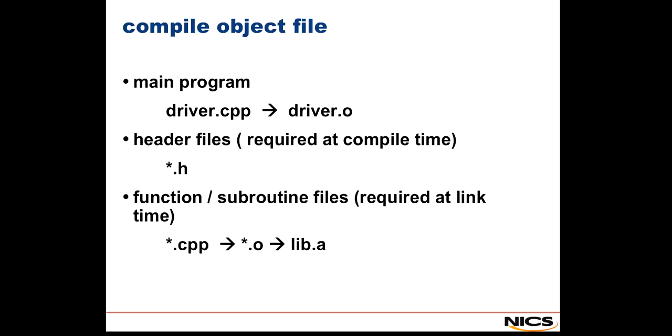The compiler will try to find all the .h files. If they are not in place, it will become a fatal error, and your compilation will just fail. And during compile time, your files including all the other functions, subroutines, and classes will usually be compiled into a bunch of .o files.